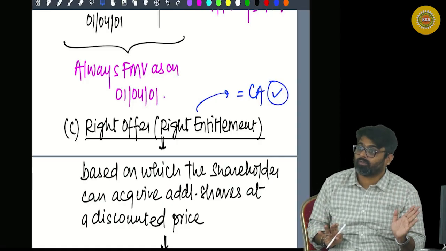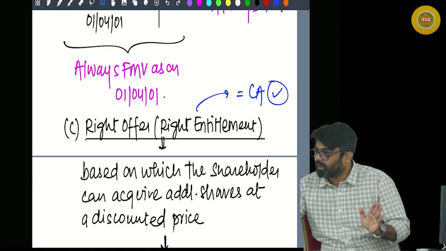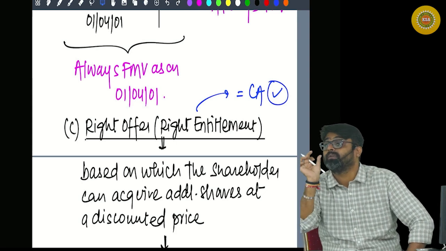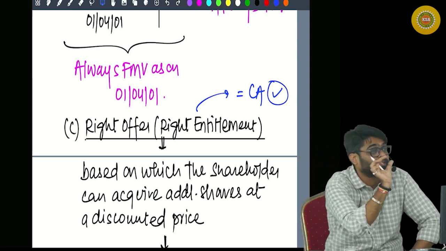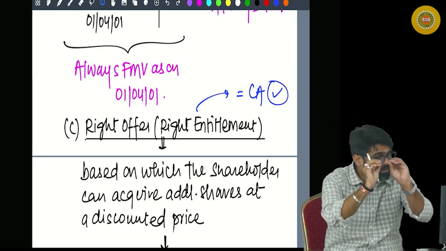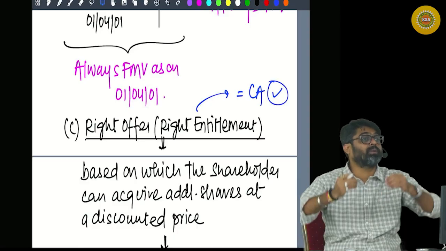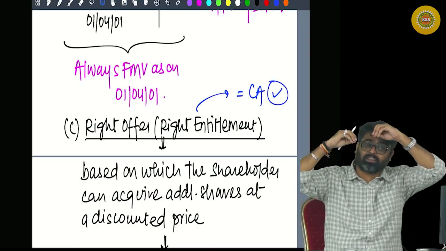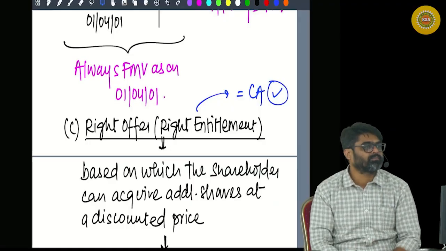So the period from date of offer till the date of renouncement will never be more than 15 days. It will be some days only. And based on this period of holding, this asset will always be short term.